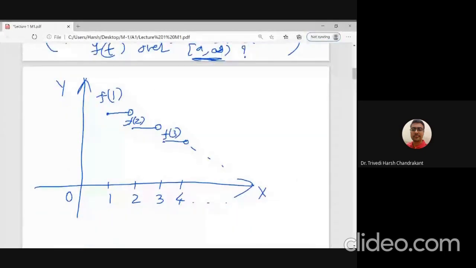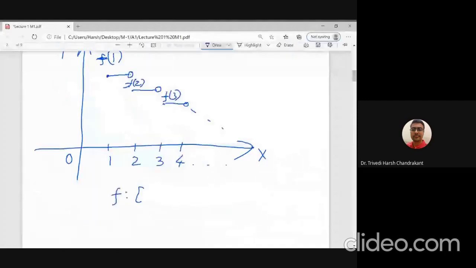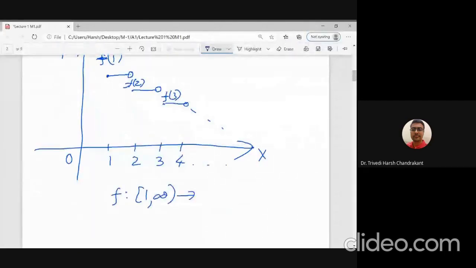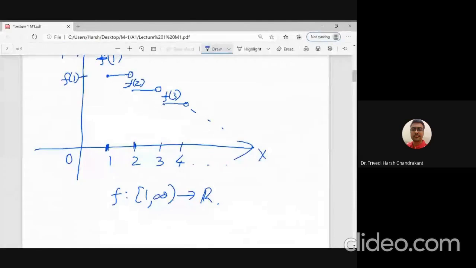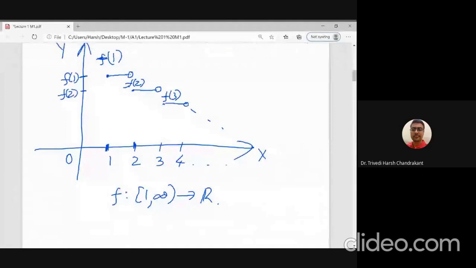If I take a kind of step function, which is defined from the interval 1 to infinity to real numbers, and that function takes value in this way: at x equal to 1 the value is f of 1, at x equal to 2 the value is f of 2, and so on.